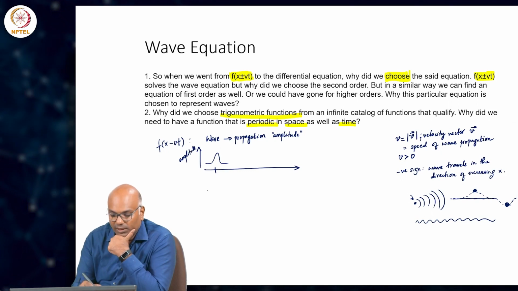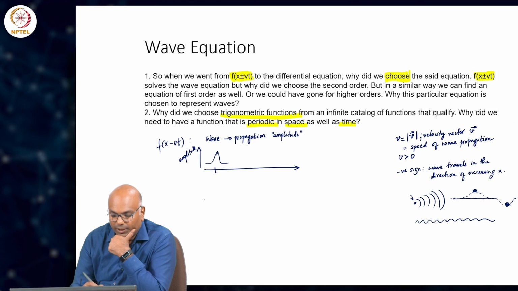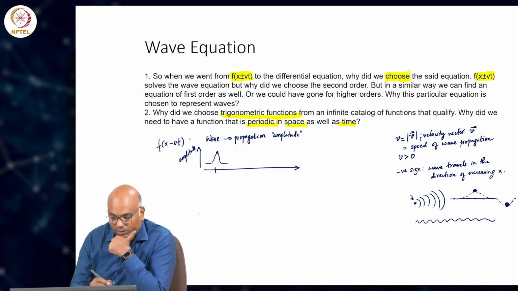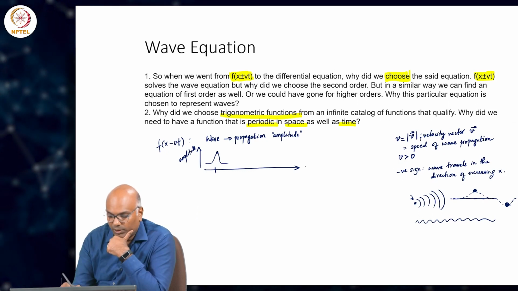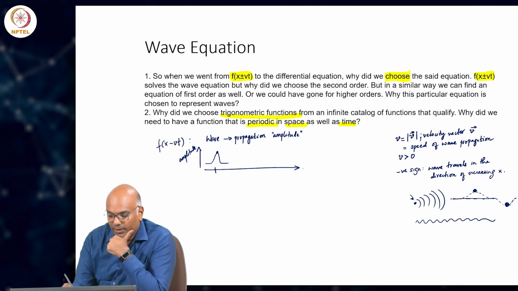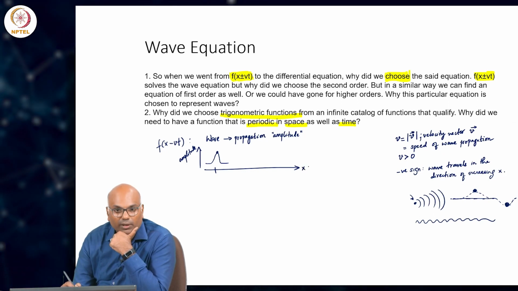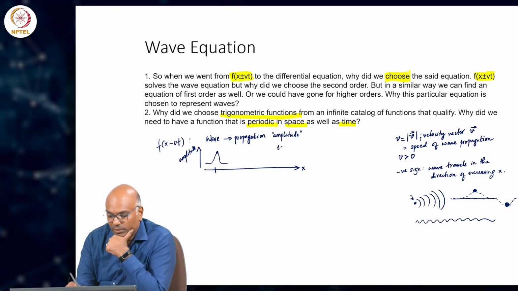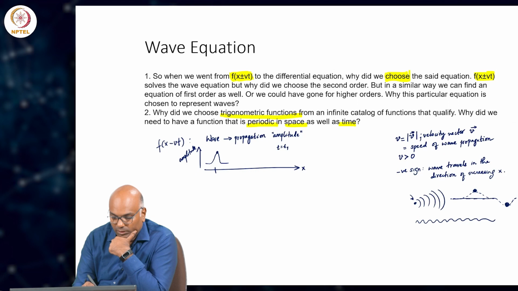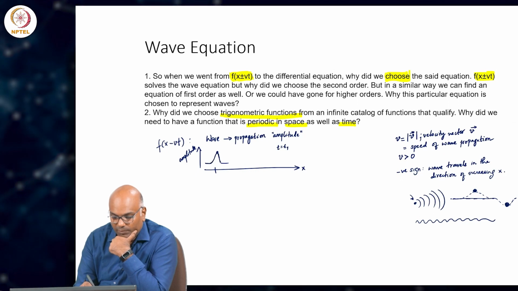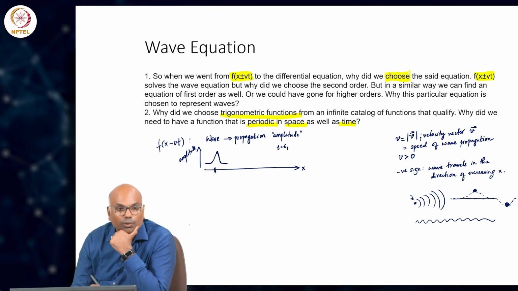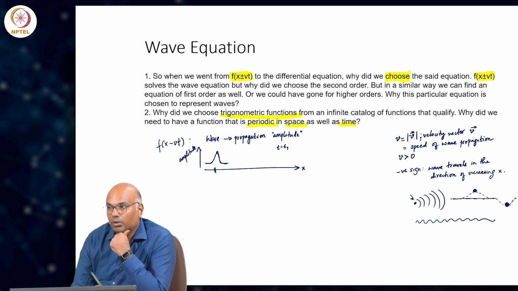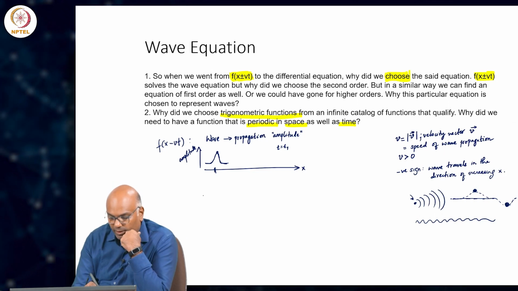In this case, let us track the maximum point of this pulse or whatever the amplitude corresponds to, okay, and take a snapshot of this wave, and at a time t1, this entire shape was centered at this point, all right.